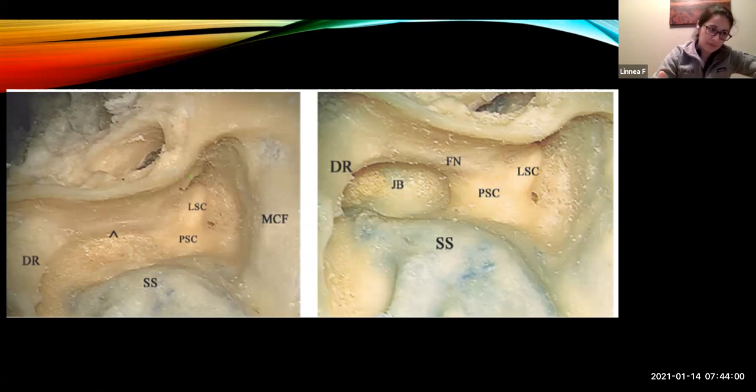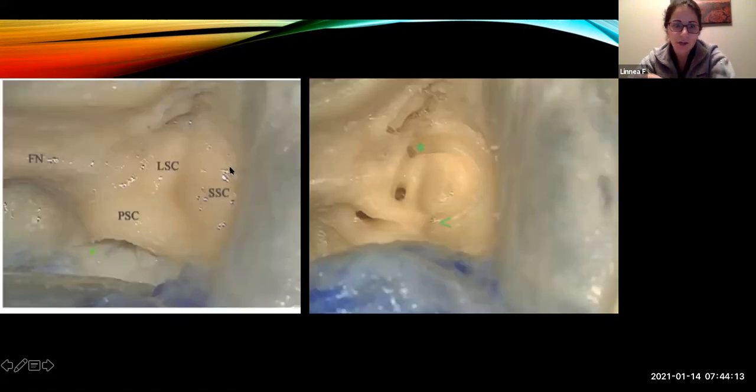The labyrinthine segment of the facial nerve is immediately anterior to that superior semicircular canal ampulla. So as you're getting deeper and deeper, you're drilling out this part inferiorly and this part superiorly, as we'll see in our next picture. This is, again, a little bit more zoomed in. Here's your facial nerve, your incus, your lateral semicircular canal, your posterior semicircular canal. You're starting to see the superior one.